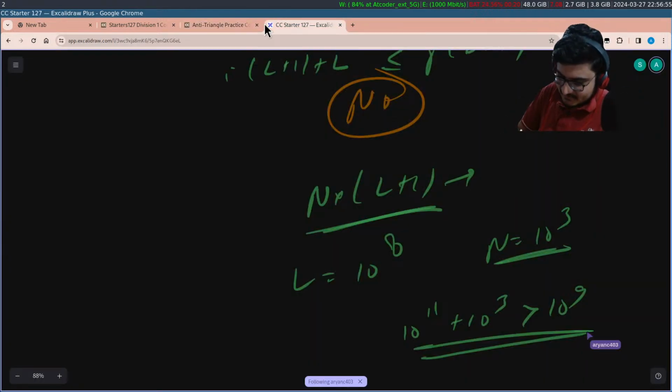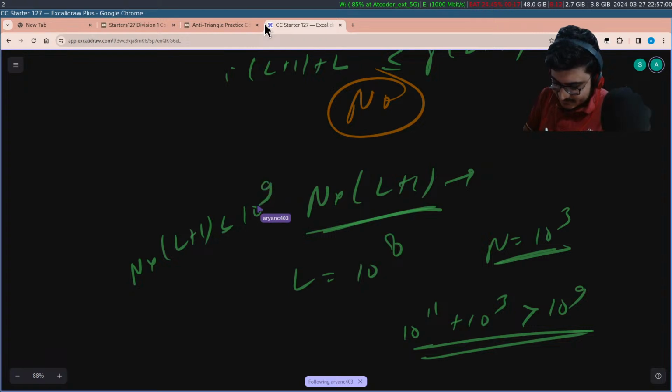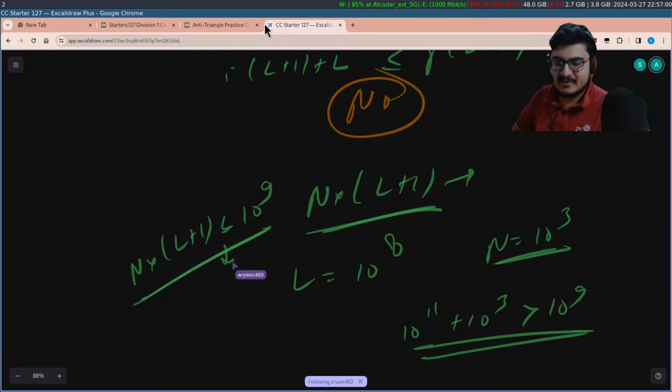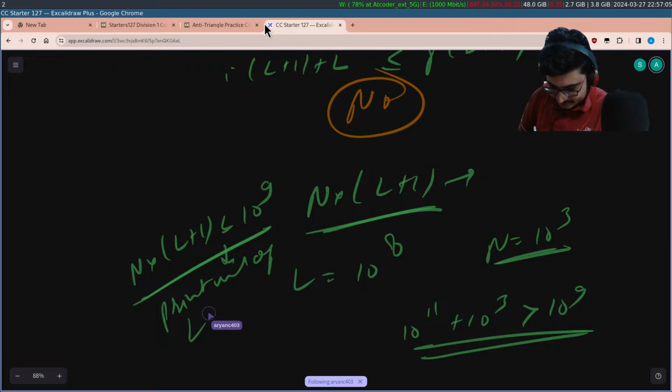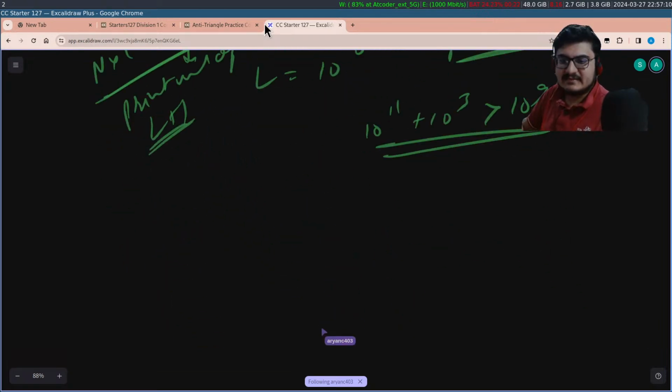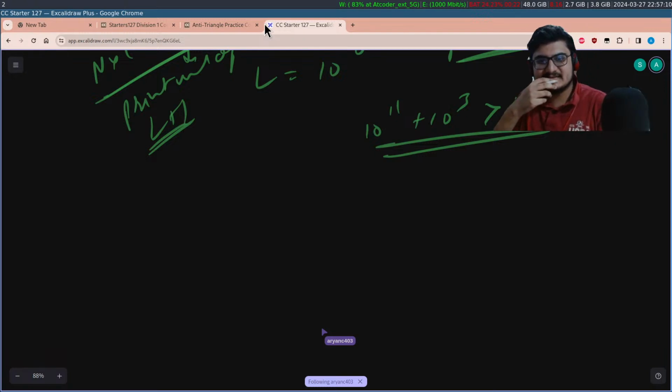If n into L plus 1 is less than 10 to the power 9, we can print all the multiples of L plus 1. That is one solution. So any ideas what we should do if n into L plus 1 is greater than 10 to the power 9?